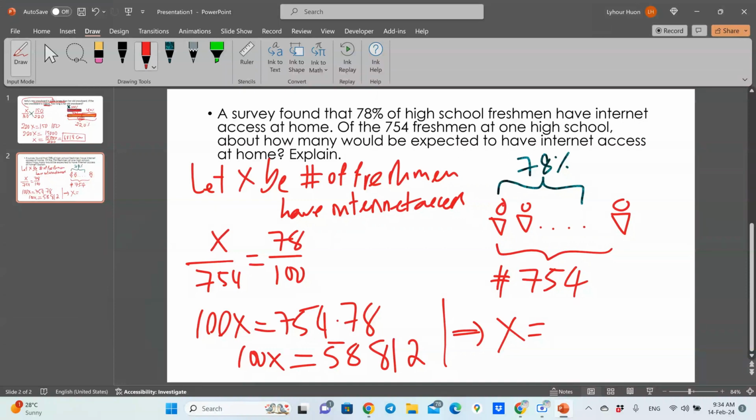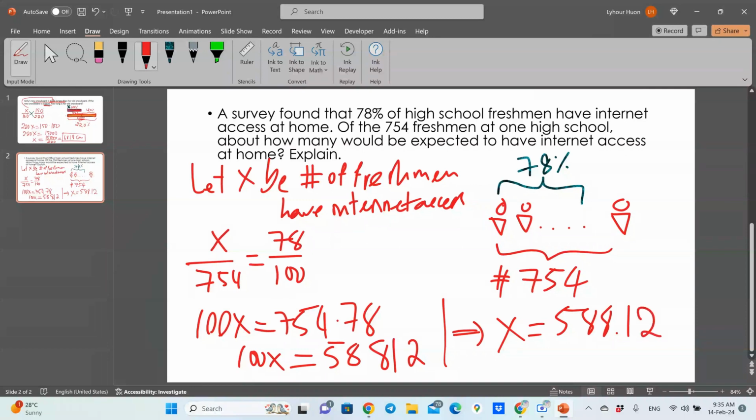This divided by a hundred. Is it 588.12? Okay, so the answer is 588.12, right?